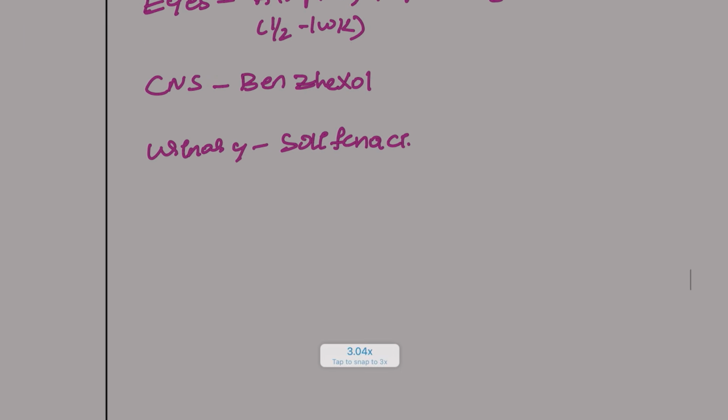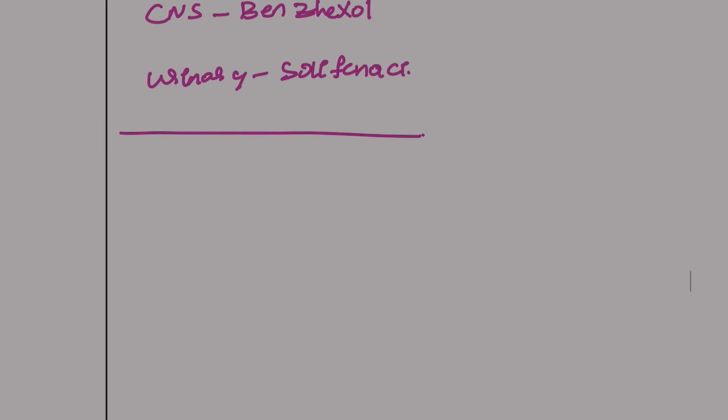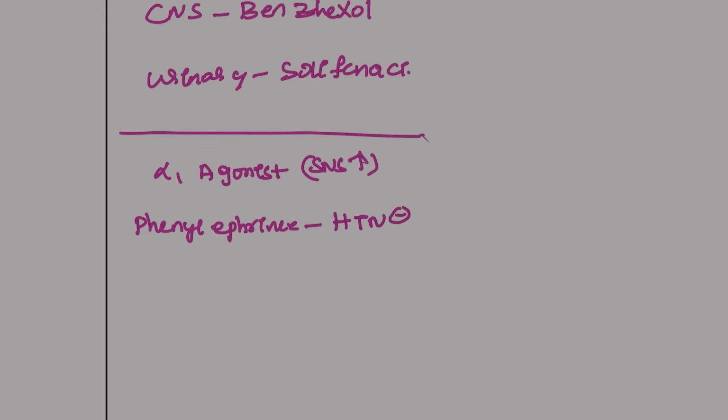Next, what are the drugs that will be associated with the alpha beta? So, alpha 1 agonist. Agonist again, sympathetic nervous system will be increasing here. These drugs are the sympathetic nervous system increasing drugs. So, these drugs will be phenylephrine used for the patients who are suffering from the hypotension, right?